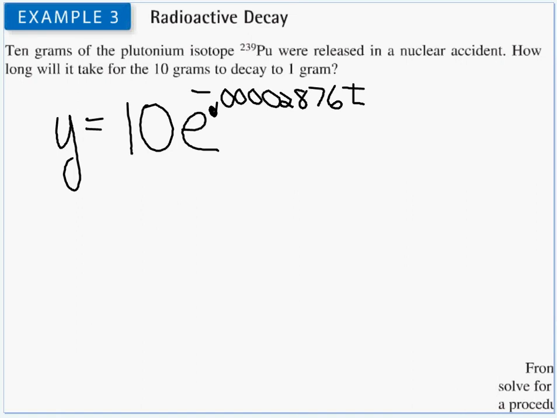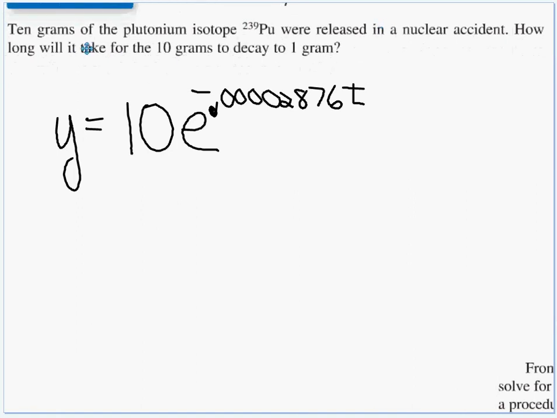Now we can use the model to answer the question, how long will it take for the 10 grams to decay to 1 gram? Our y value is how many grams of this isotope we have left. We started with 10. Now we want to get down to 1. So we're going to be solving for this t after we set our amount of plutonium to 1.